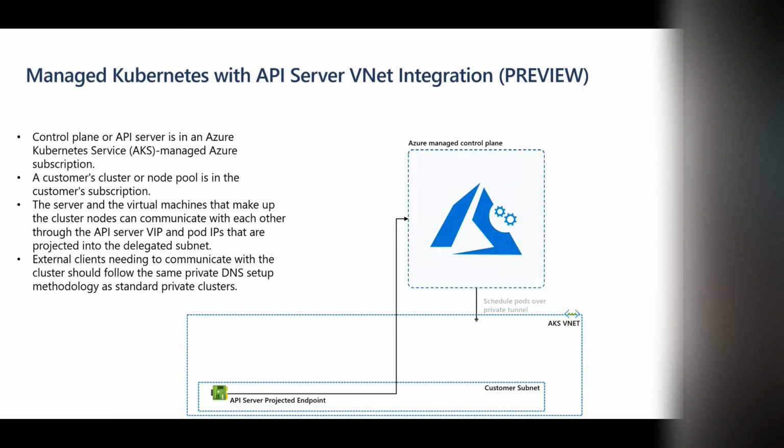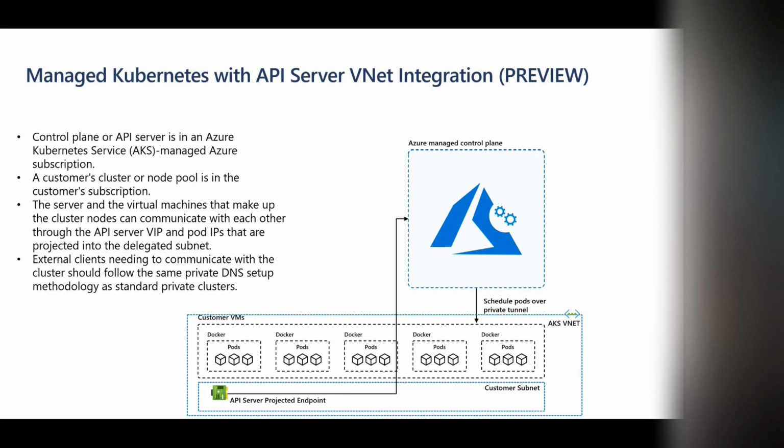Let me just populate the diagram. This model does not require a PLS or anything. What they're doing is projecting the API server endpoint into the AKS VNet.